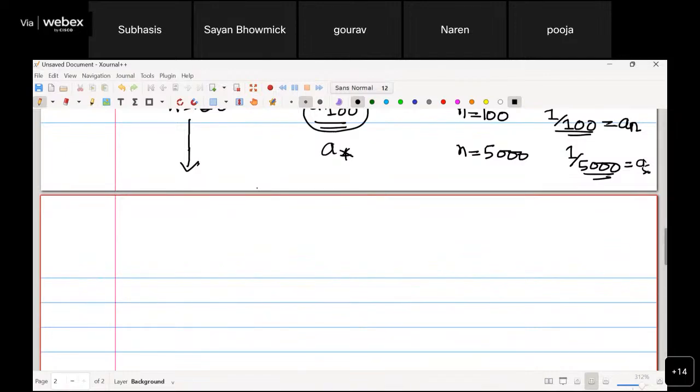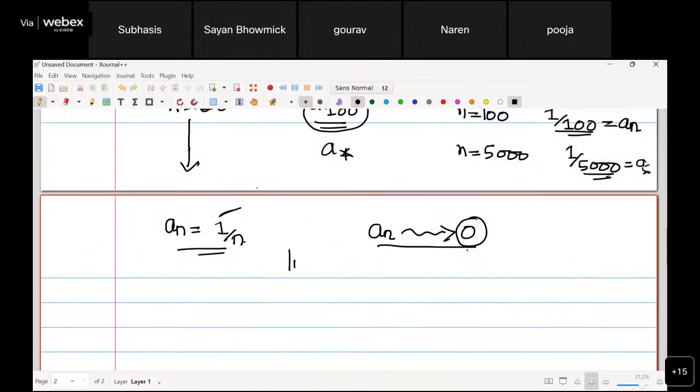Now you see that if I take this sequence, it's clear that if I increase the value of n, then the terms of the sequence are coming closer and closer to 0. So that's why this sequence is a convergent sequence, and the limit of the sequence is 0.